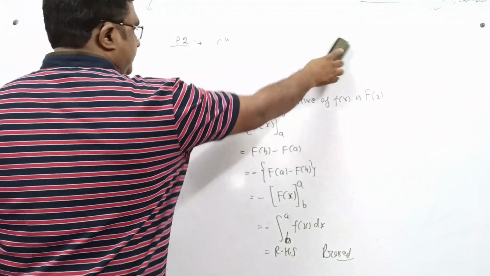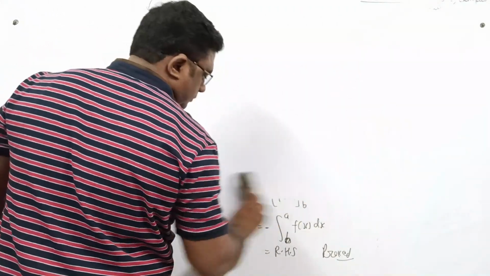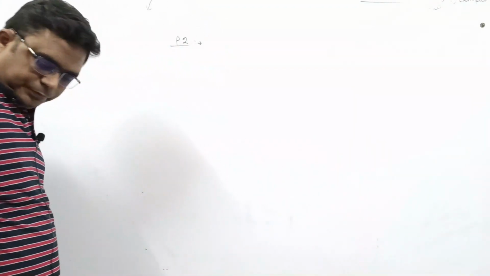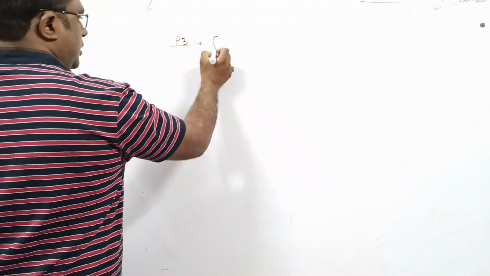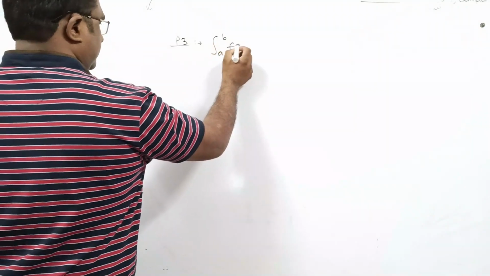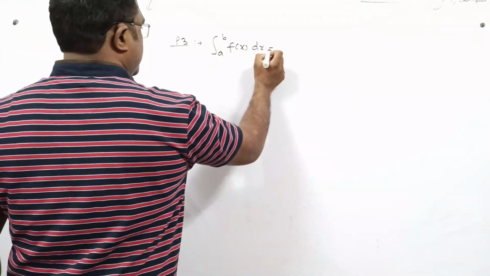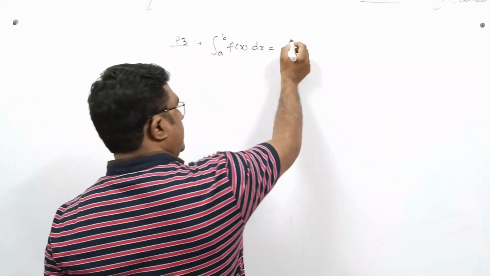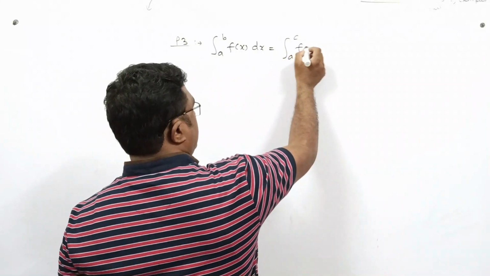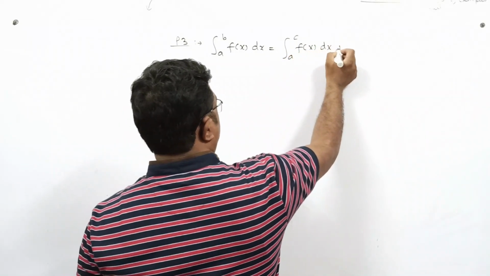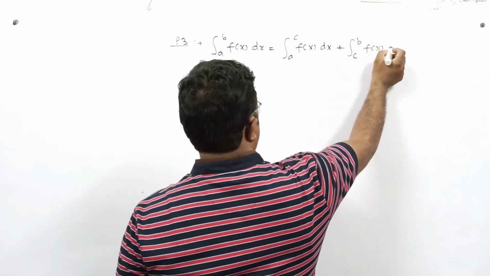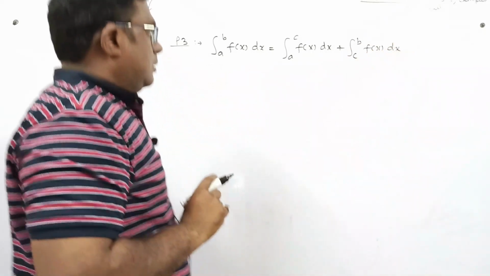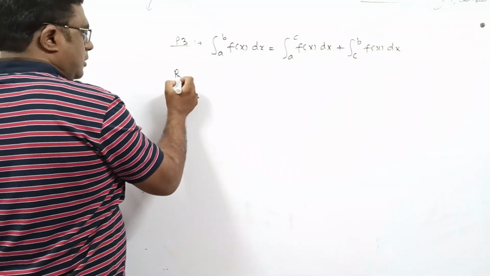Property number 3. Our property number 3 was the integral from a to b of f(x) dx is equal to the integral from a to c of f(x) dx plus the integral from c to b of f(x) dx. Now this time I am starting with the right hand side.